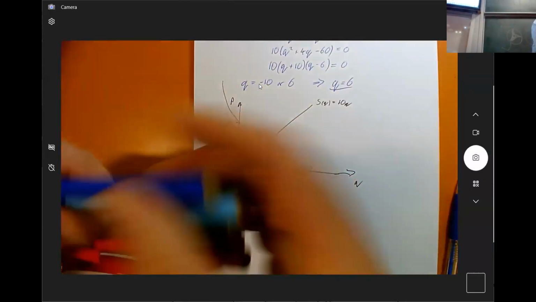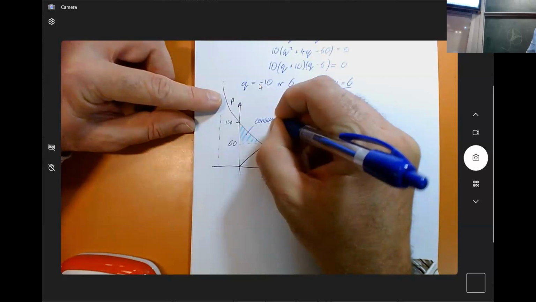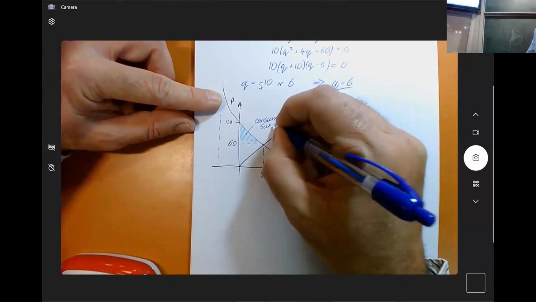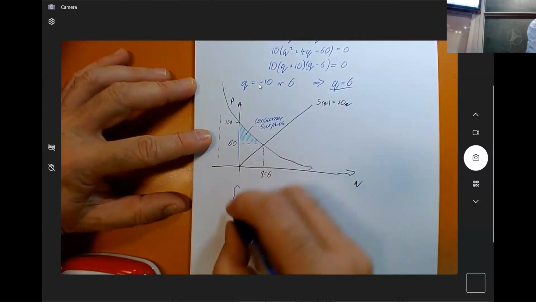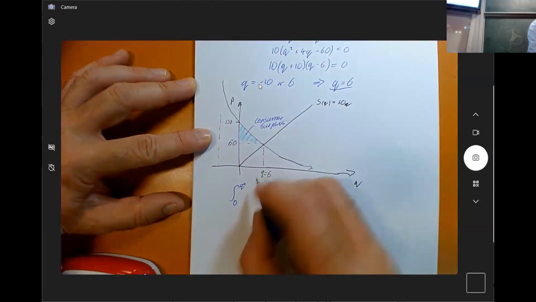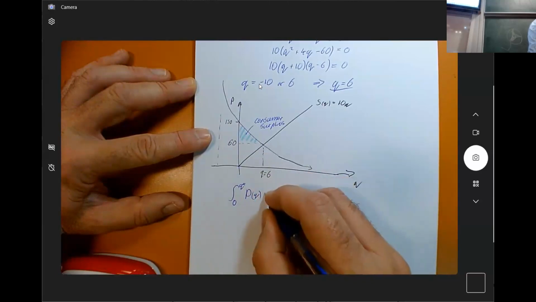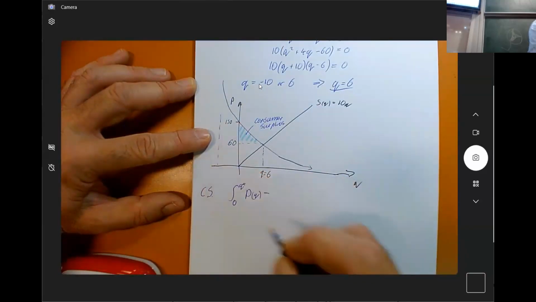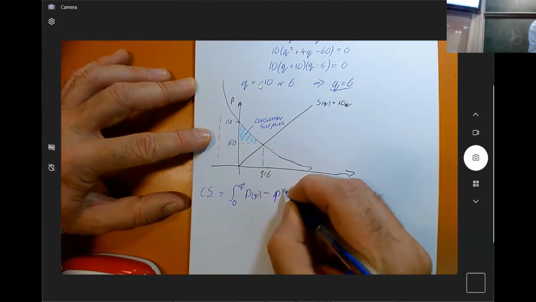I'm pretty sure that one is this bit. If I was to do that, I've got to calculate it as an integral. So that's going to be the integral from 0 to Q star of my demand curve minus my equilibrium price.